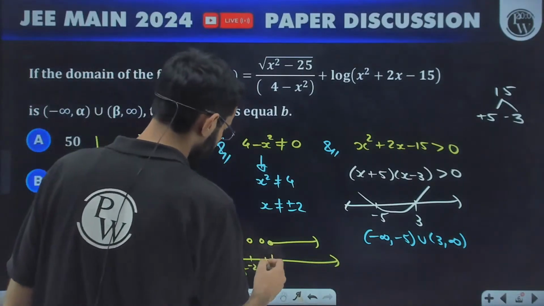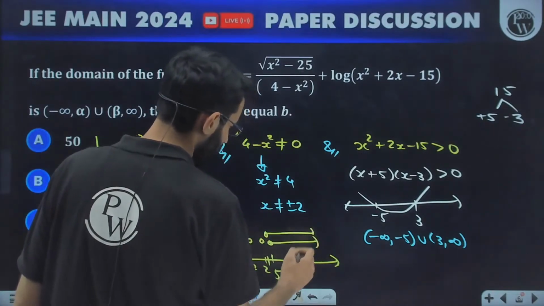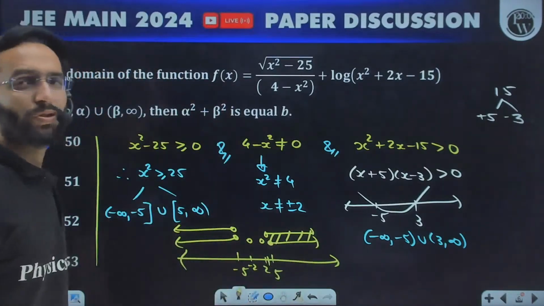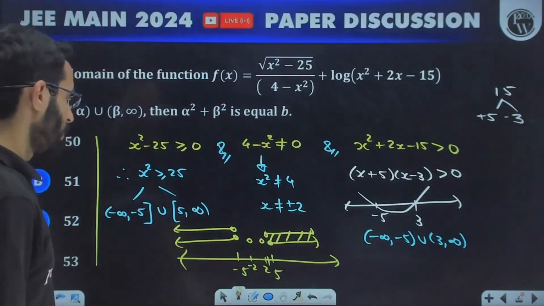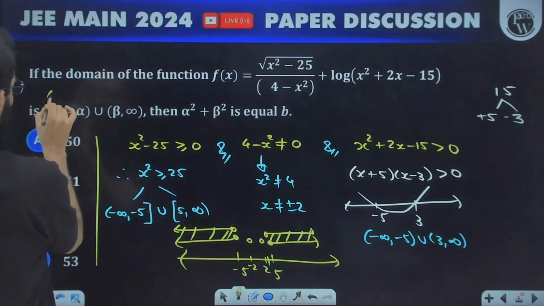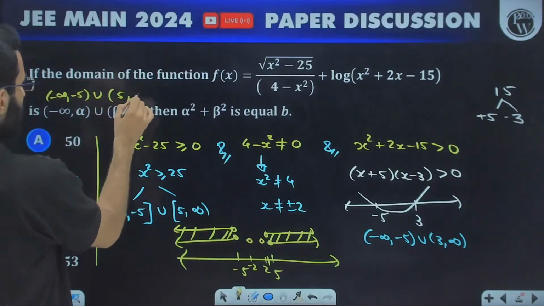Then 3 to infinity; between 2 and 5 you are going to have somewhere 3. Here you need to take 3 to infinity. Common part will give values from 5 to infinity. So if you take the intersection, you are going to have minus infinity to minus 5 union 5 to infinity, right?